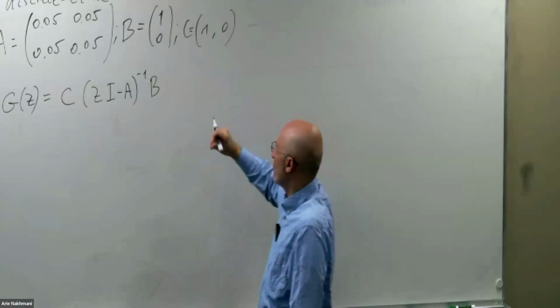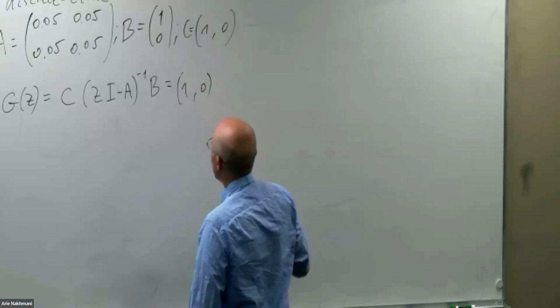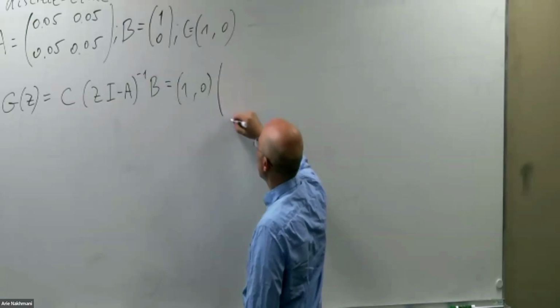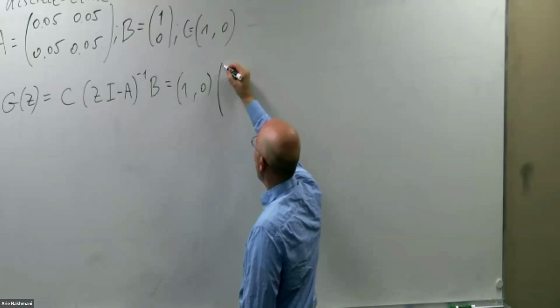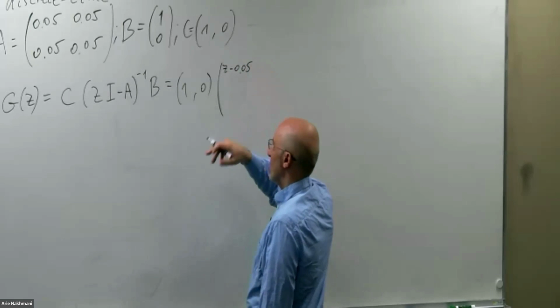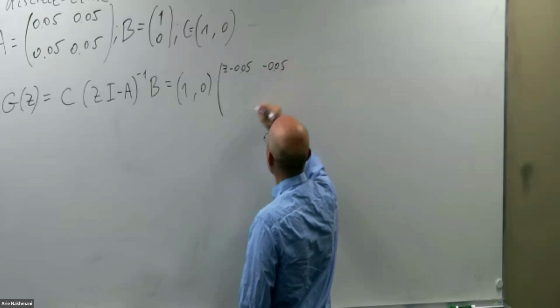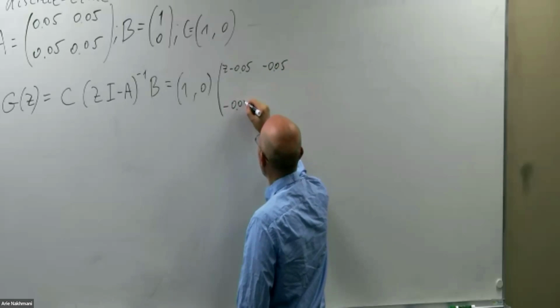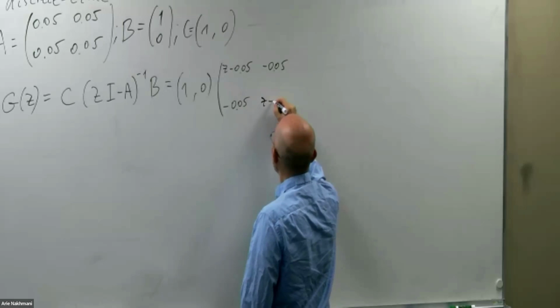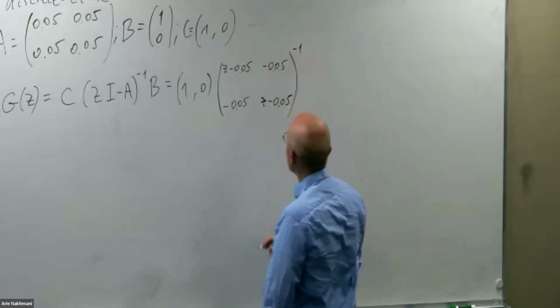Okay, so let's compute that. It will be C, which is 1, 0, times the matrix: Z times 1, Z minus 0.05, 0 minus 0.05, so it will be negative 0.05, negative 0.05, and again Z minus 0.05, inverse.